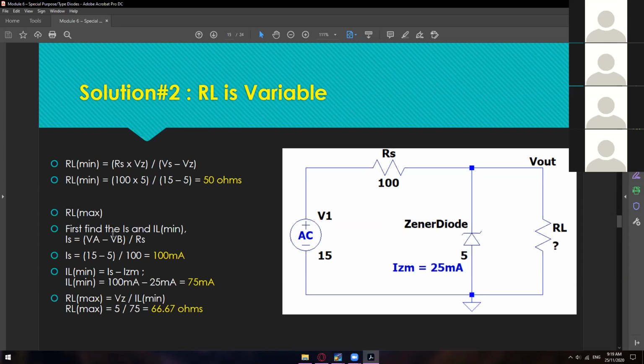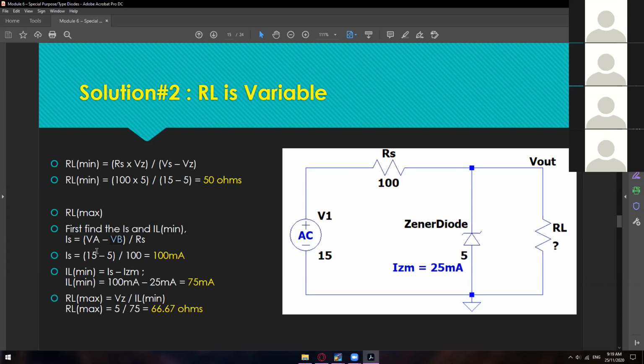So let's solve for the IS first, which is the current of our series resistance. IS is equal to VA minus VB. VA is this one, and VB is this one. As you can see right here, VA is 15 volts, and our VB is 5 volts.